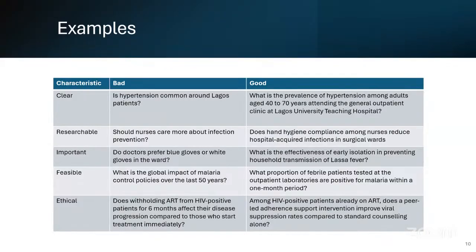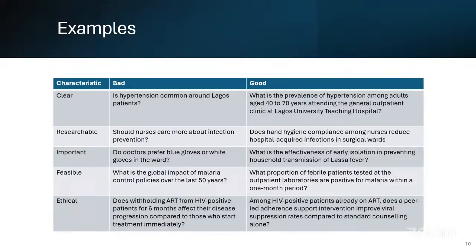By important, we mean it's something that is relevant. It's a genuine public health issue or a clinical issue. Okay, it must be something really important. And I've given some examples here. Now it says, do doctors prefer blue gloves or white gloves in the ward? Well, again, this might be arguable. Some people may say, oh, but if you really look at this, why is this important?